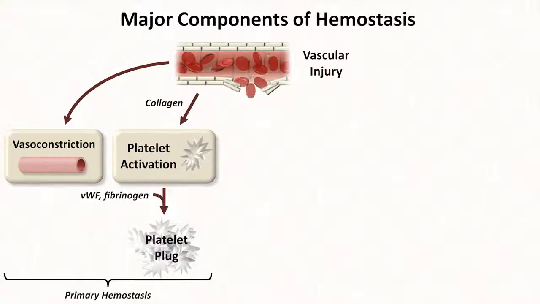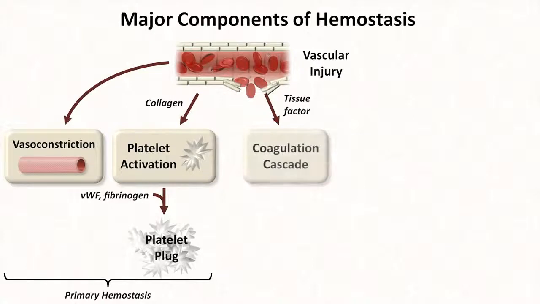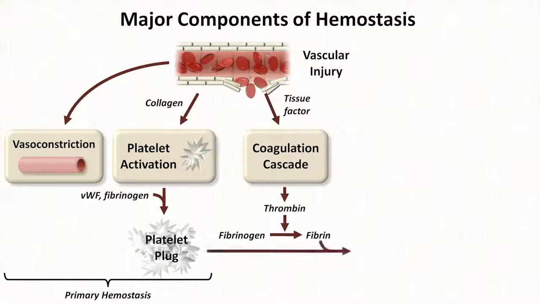The second phase of hemostasis is largely triggered by exposure of tissue factor during vascular injury, which triggers the coagulation cascade, the end result of which is thrombin's conversion of fibrinogen to fibrin. Fibrin polymerizes, generating fibrin strands, which are superimposed on the platelet plug and trap red blood cells to form a blood clot.